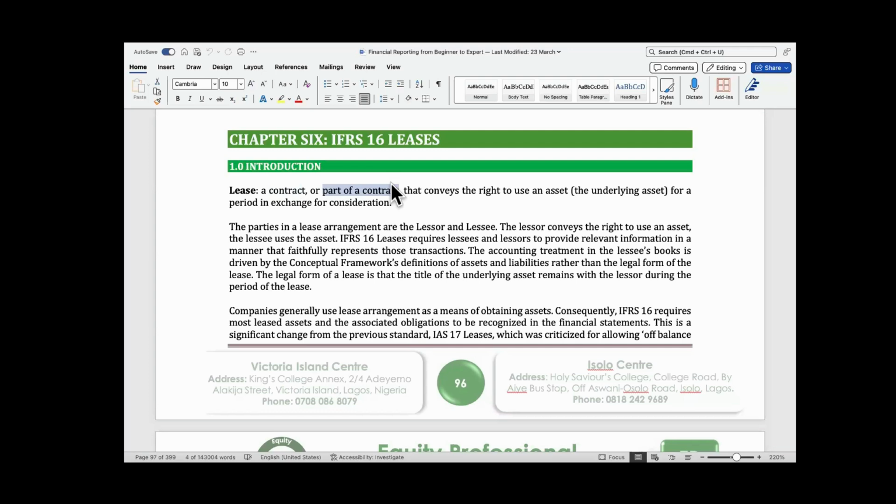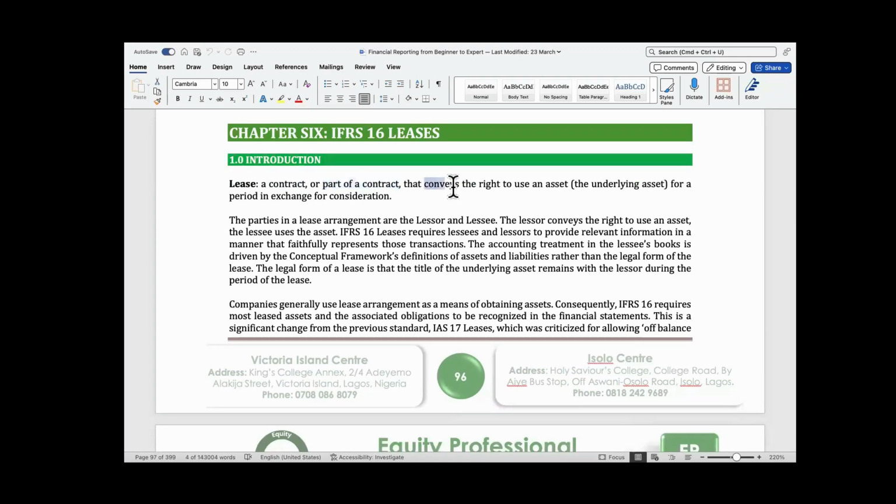Now, this contract conveys the right to use assets. This goes to show that there is a party that transfers his ownership, not necessarily his ownership, that transfers the usage to another party.